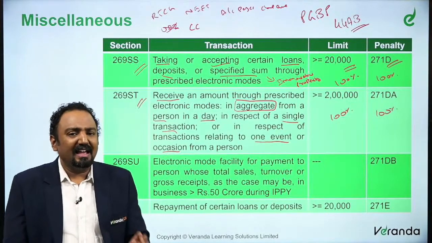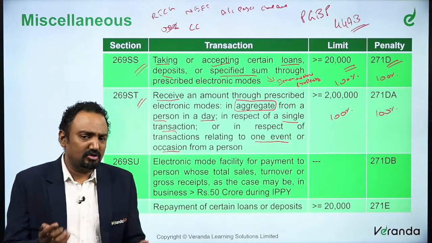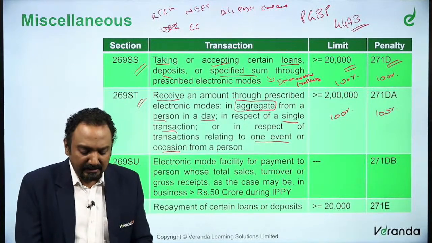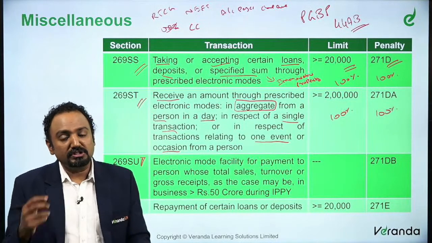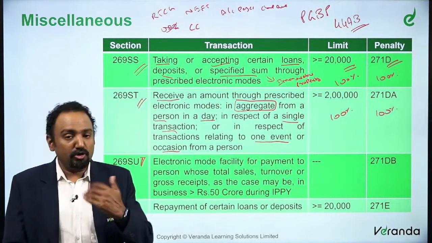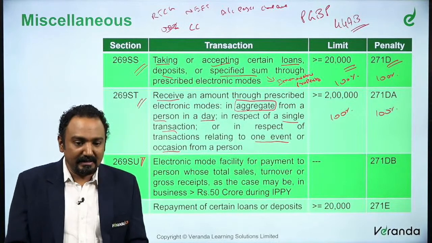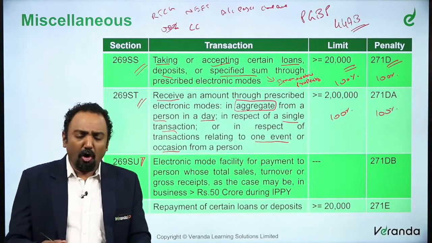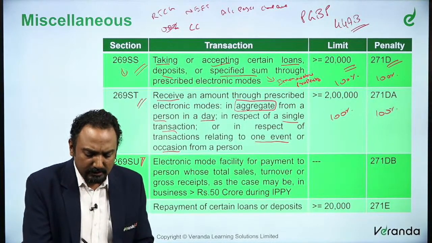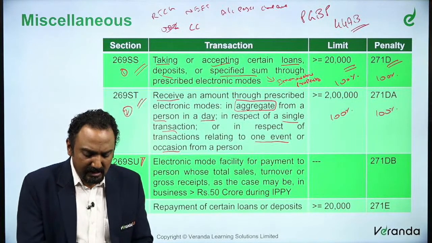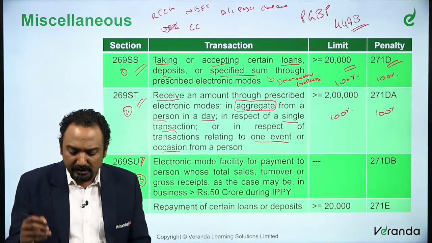The next section is a recently introduced section, only a couple of years old, that is 269SU. This 269SU is also about receipt. All these three, that is 269SS, 269ST and 269SU, are all about receipts.